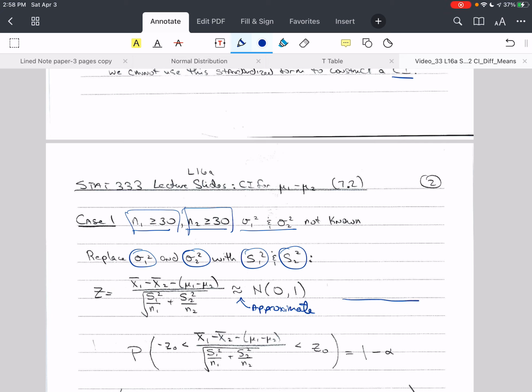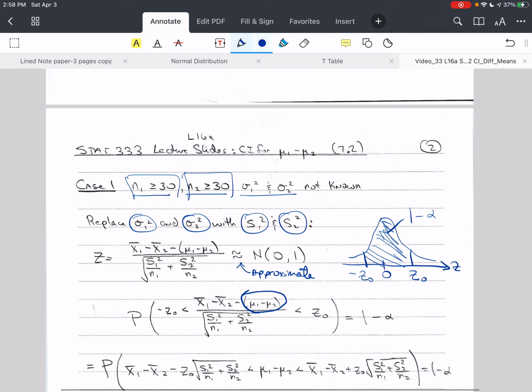So again, if this is z, mu is 0, we want to find a z naught such that the probability between negative z naught and positive z naught is 1 minus alpha. And then we solve for mu1 minus mu2 in order to get our confidence interval.